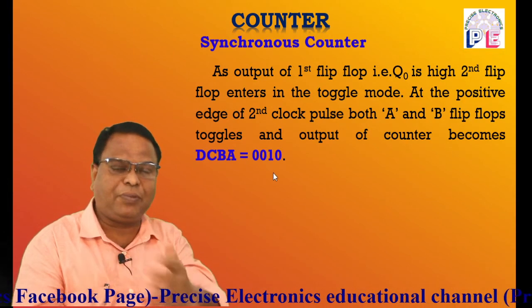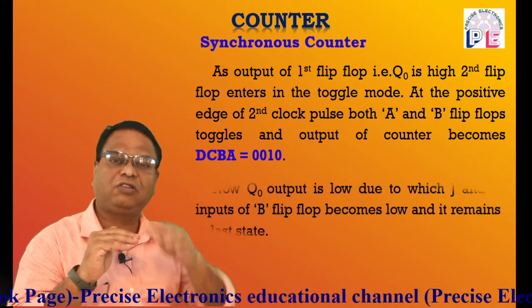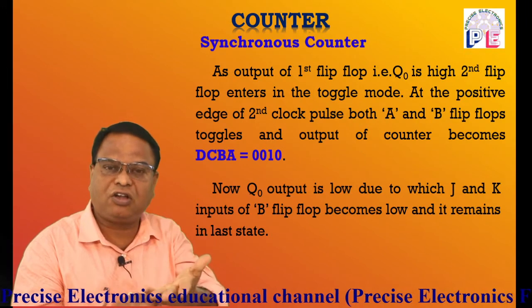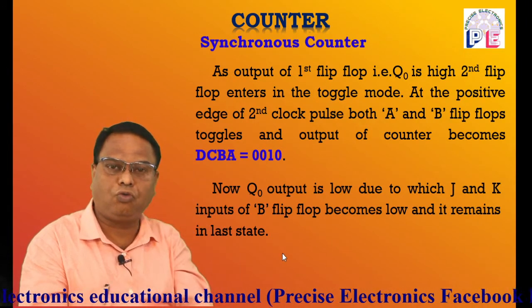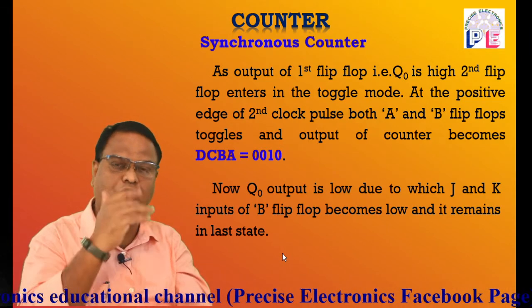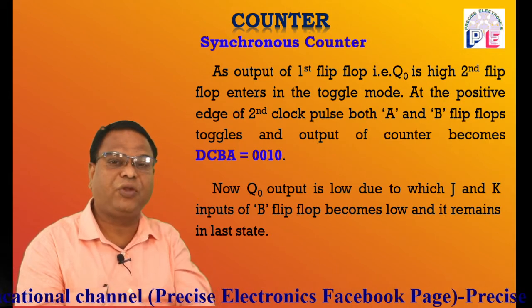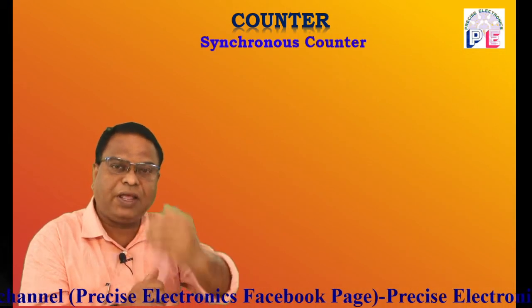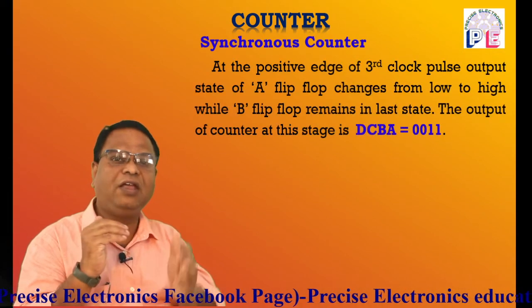Next, the next pulse applies. When the next pulse appears, once again at the positive edge of input clock pulse, the first flip-flop is in toggle mode. The transition of state occurs and the output of first flip-flop changes from low to high, 0 to 1. But this positive edge, the third positive edge, will not affect the state of B flip-flop because before applying the third positive edge, the output of A is low.